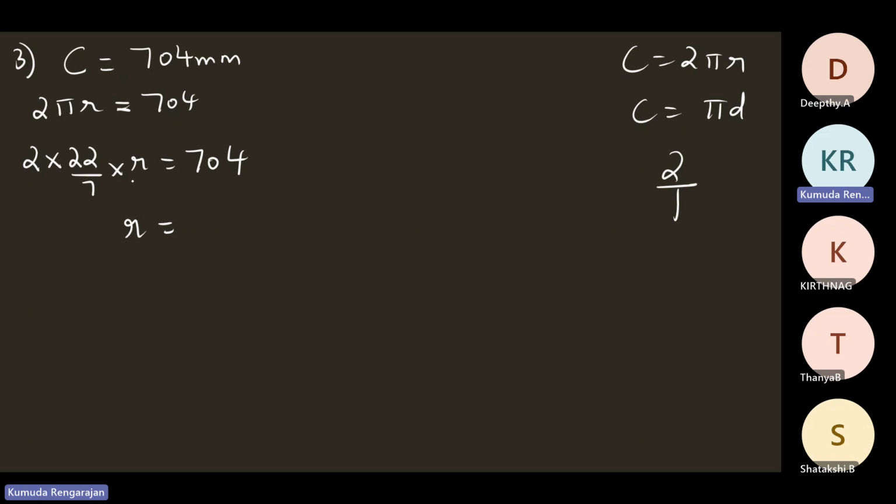So you must write this, r is equal to 704. Write this as it is. Now this 2, when it comes to the other side, will become 1 by 2. And this 22 by 7, when it comes to the other side, will become 7 by 22. The numbers will become their reciprocals on the other side.